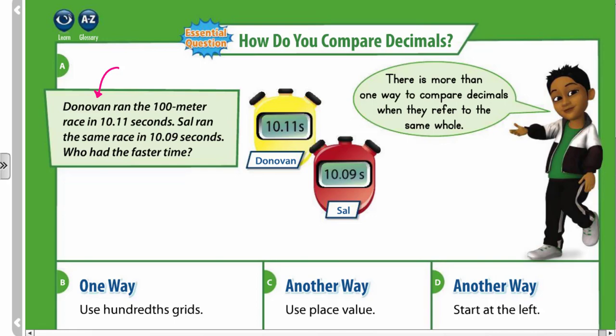A Dublin ran the 100-meter race in 10.11 seconds. So ran the same race in 10.09 seconds. Who had the faster time?